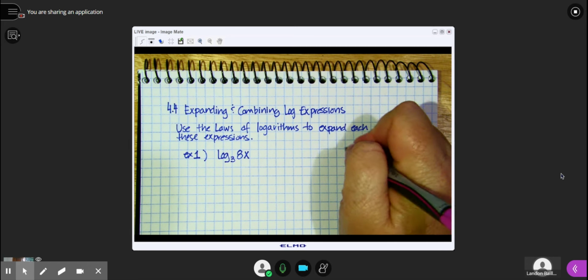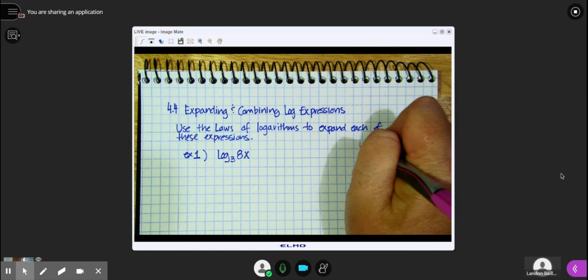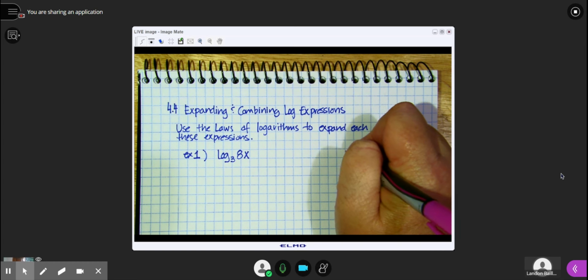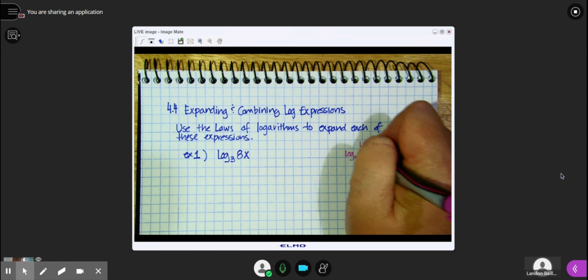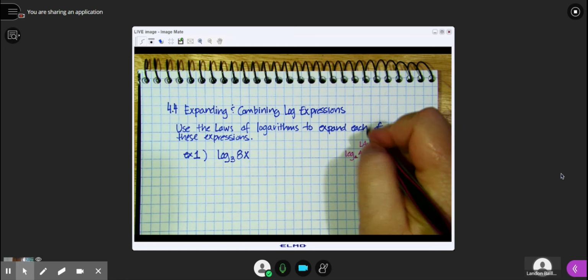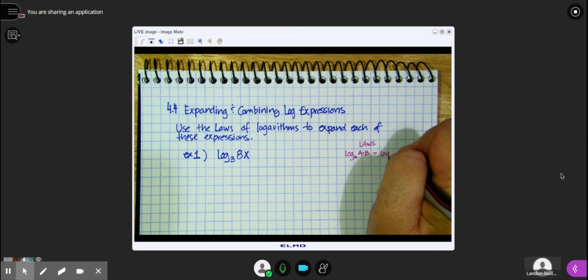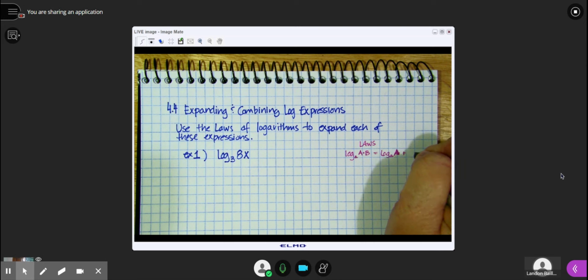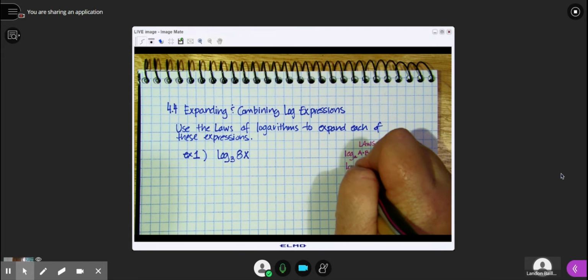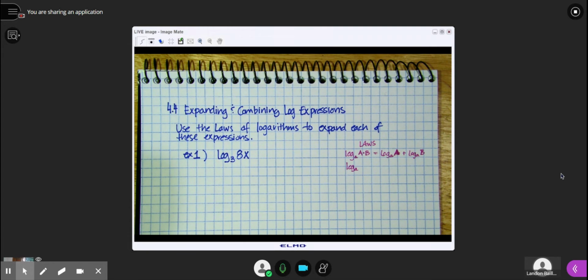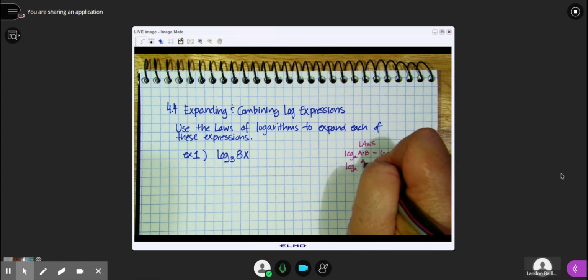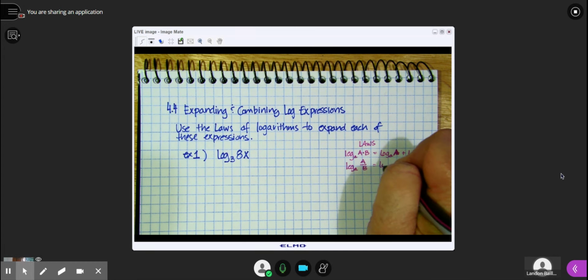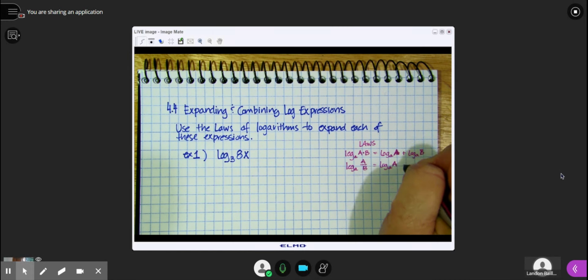If you will recall, there are 3 laws. The first law says if you have log base a of a times b, this is the same thing as log base a of a plus log base a of b. The second one says if you have log base a of a over b, this is the same as log base a of a minus log base a of b.